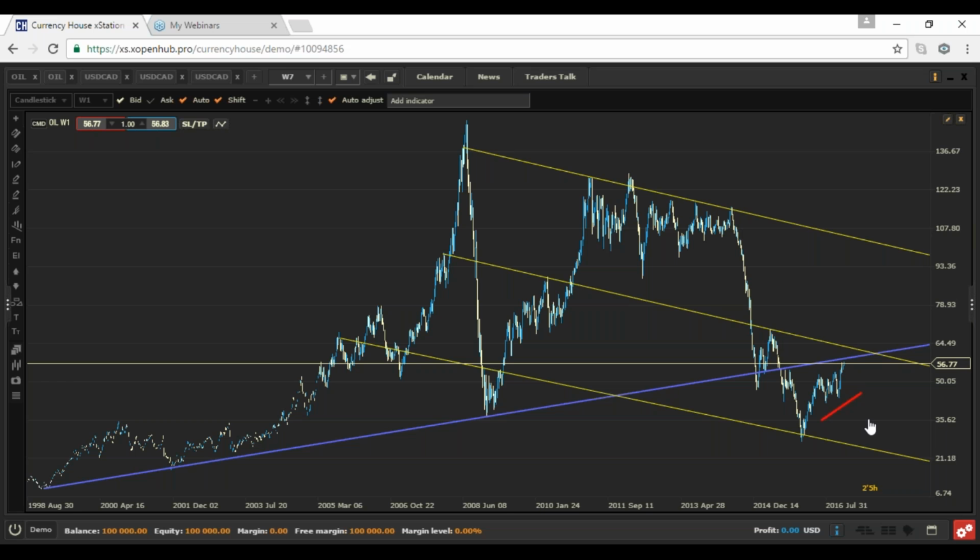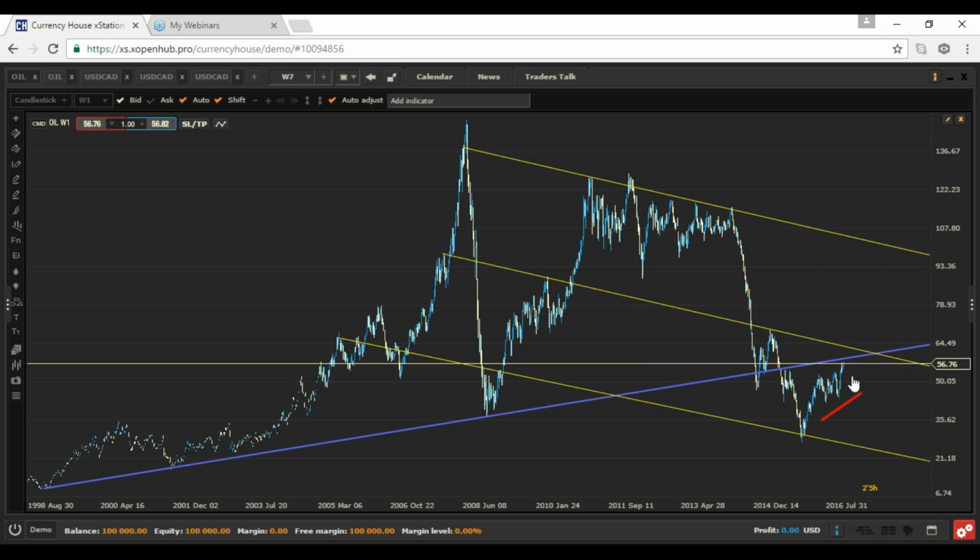Until the price is below this blue line, and until the price is below this yellow line, which is the middle of that downside yellow channel, we wouldn't talk about an uptrend.